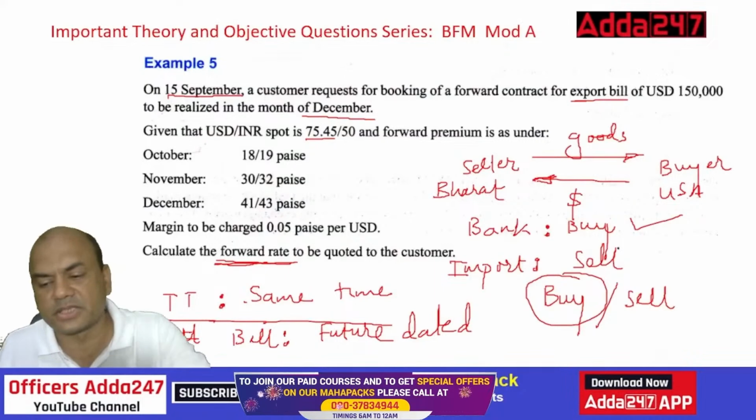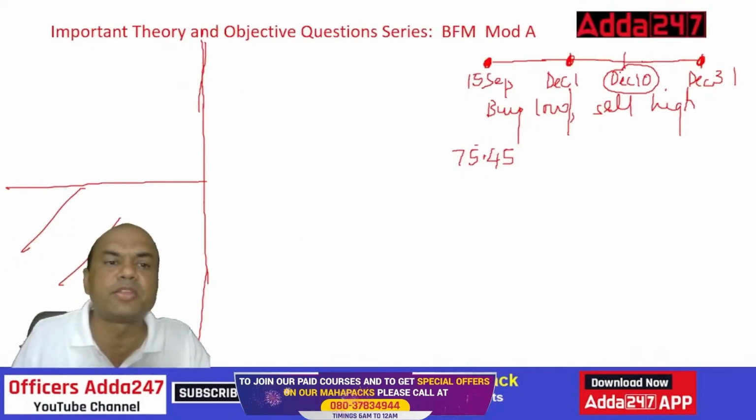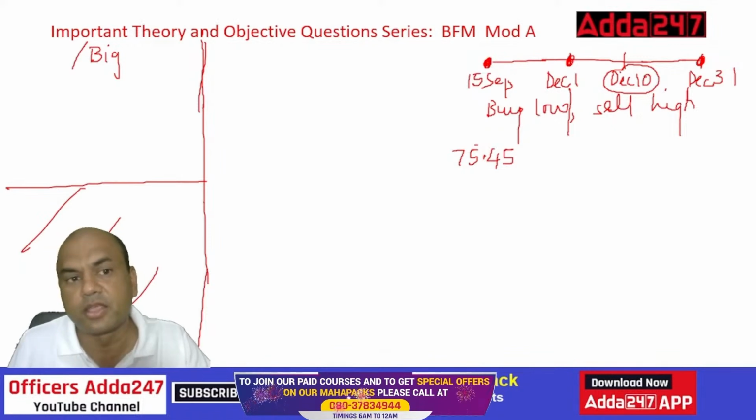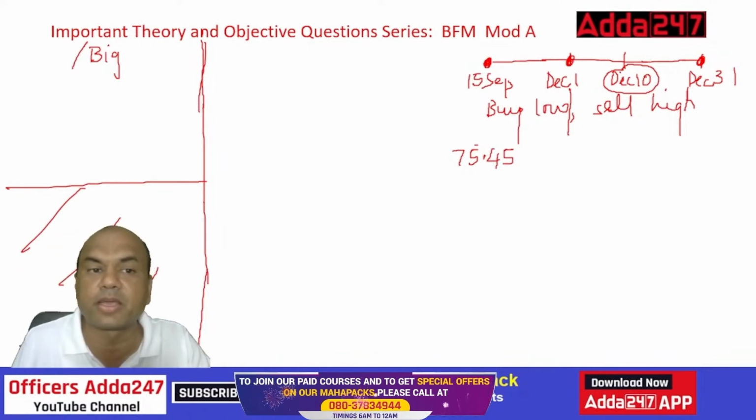18, 19. Whenever you have right side bigger, this side bigger in forward rate, remember, this is not applicable to spot rate. When you are having right side bigger, the currency is in premium. Okay. So here, when the currency is in premium, you will have to add.